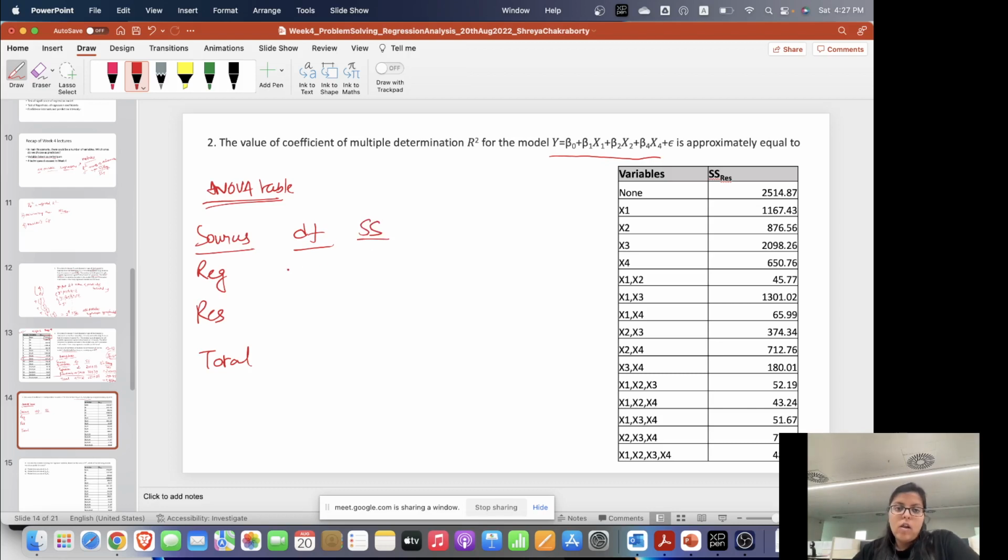Our n is 13, so total degrees of freedom would be n minus 1, that is 12.